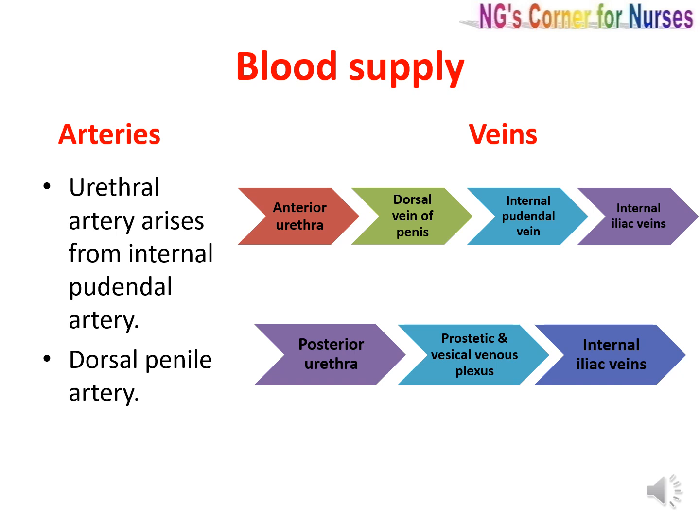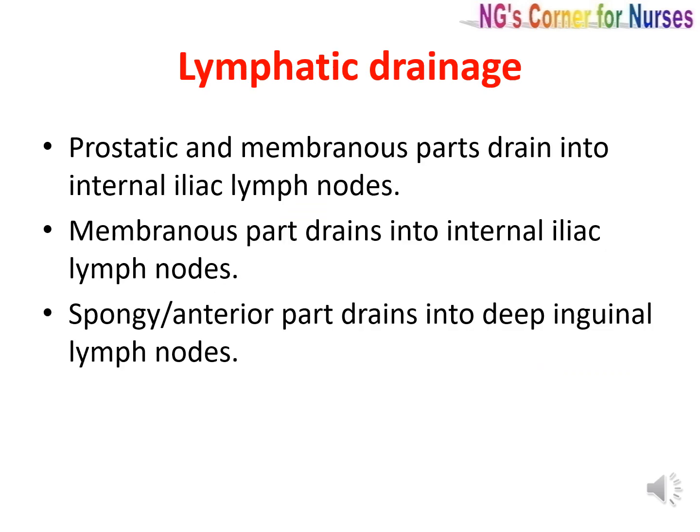And for posterior urethra, the prostatic and vesical venous plexus to the internal iliac veins. The lymphatic drainage includes the prostatic and membranous part draining into the internal iliac lymph nodes, and the spongy part draining into the deep inguinal lymph nodes.